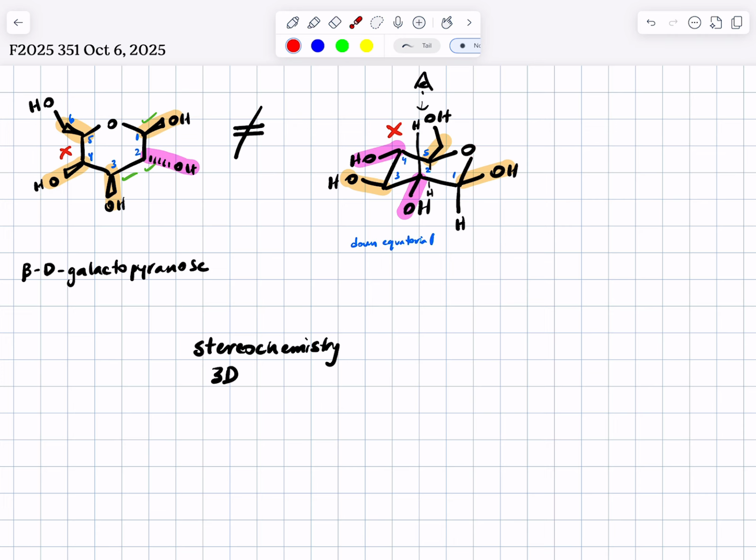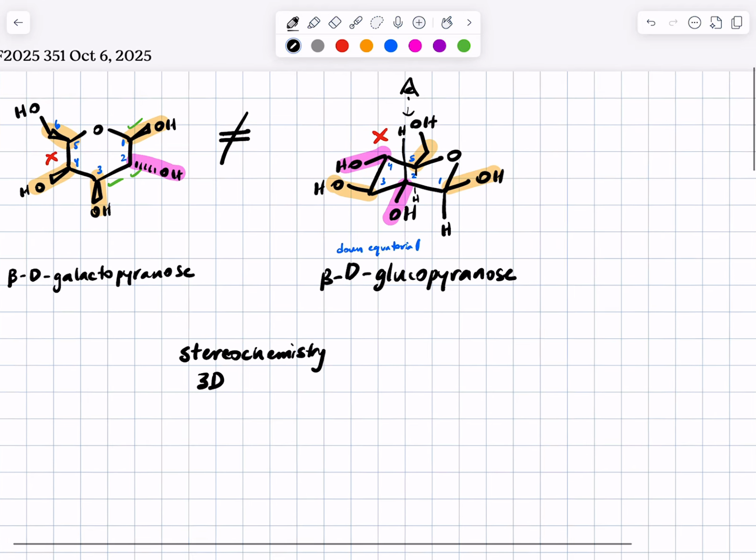All of the groups are bonded to each other in exactly the same way, but the molecules are different. They don't have the same shape. Turns out the one on the right is called beta-D glucopyranose, and you can tell by the different name that those are different molecules.